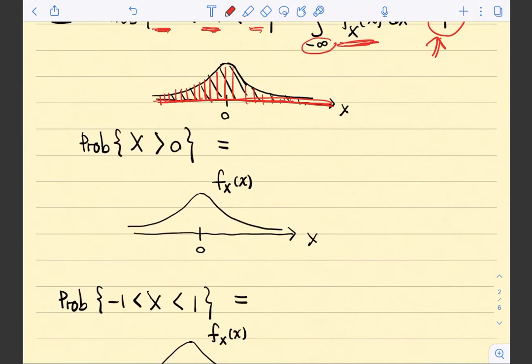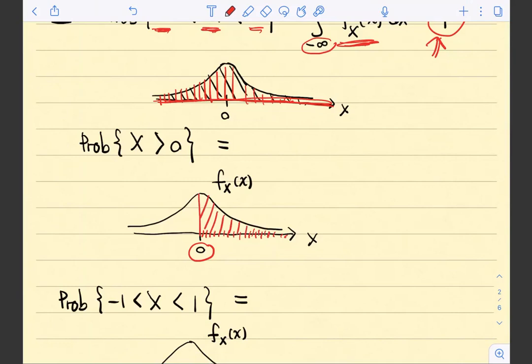Okay, so x bigger than 0, where's the 0? Right here, the middle. So bigger than 0, which way? Is it on the right or on the left of 0? On the right. So bigger than 0 means right here, everything here. So we want to find the area under the curve on this. 0.5.